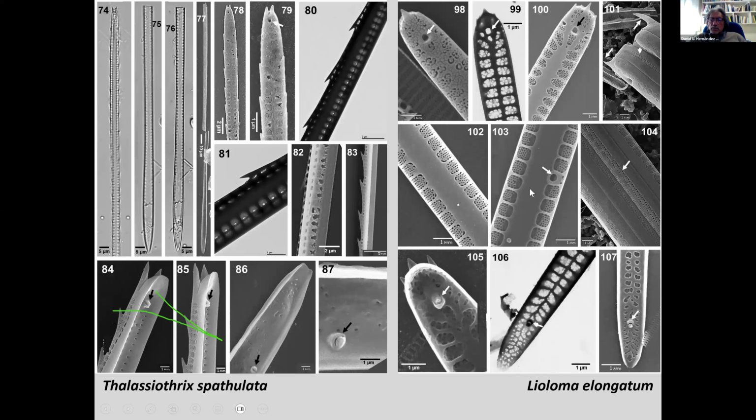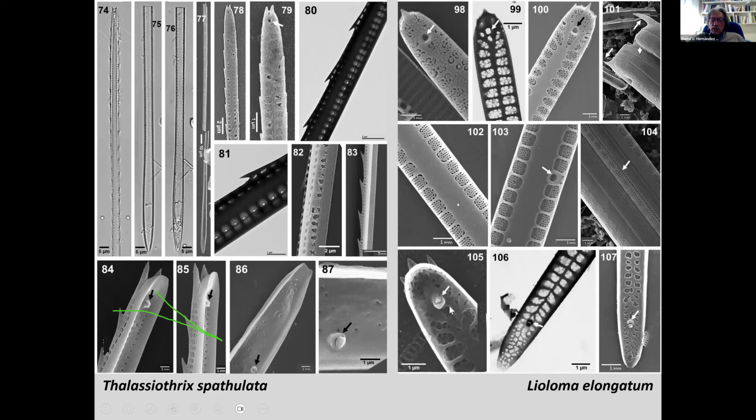You can see the bubble-like structures. We don't know the functions. We are speculating about the possible function that these structures can have, for keeping buoyancy, perhaps. That's one possibility.